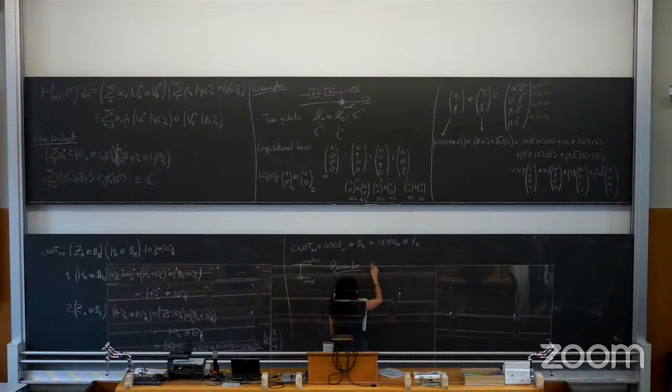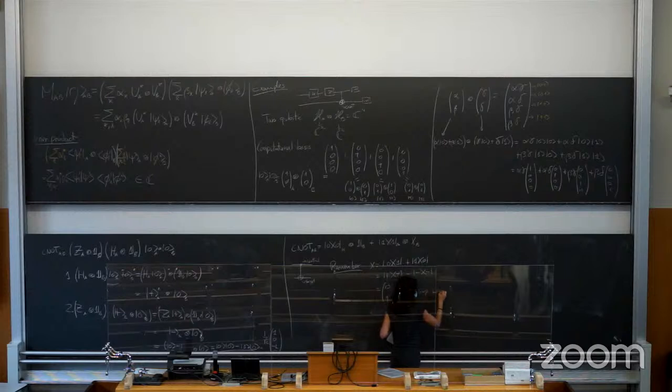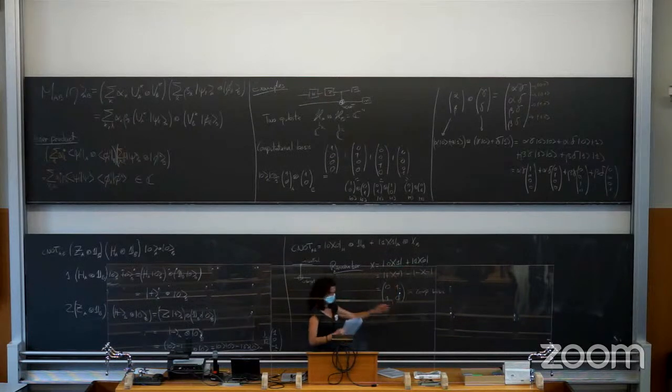What was X? Well, we could write it in many ways. As 0, 1 plus 1, 0. We can also write it in its eigenbasis, plus, minus. And we can also write it in matrix form, which in the computational basis looks like this. Meaning that this column corresponds to 0 and this corresponds to the 1 vector.